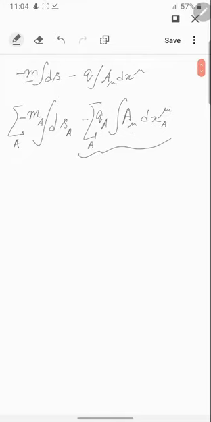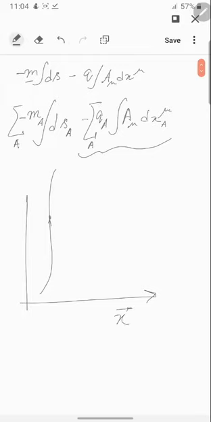To do that, let us first draw the trajectory of one such particle in a space-time diagram like this, where x denotes all three space dimensions and this axis denotes the coordinate time. Let us say a equal to 1 is the first particle's trajectory, and it is moving like this.